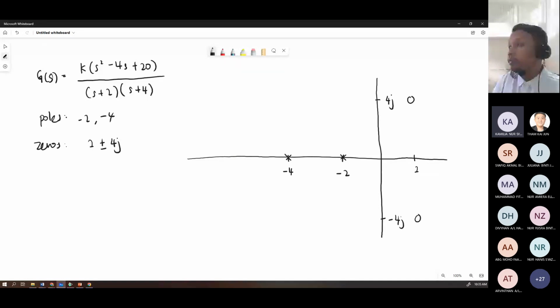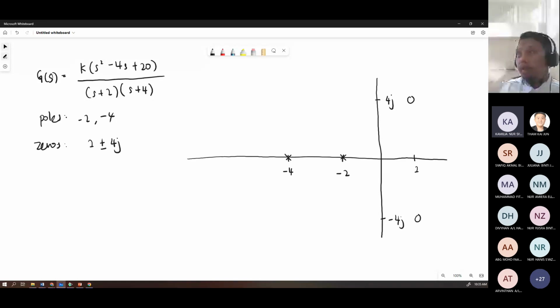Please make sure during your sketching later, you sketch it nicely, okay? Like -2, -4, using a cross to represent poles, using a circle to represent zeros, and put labels.